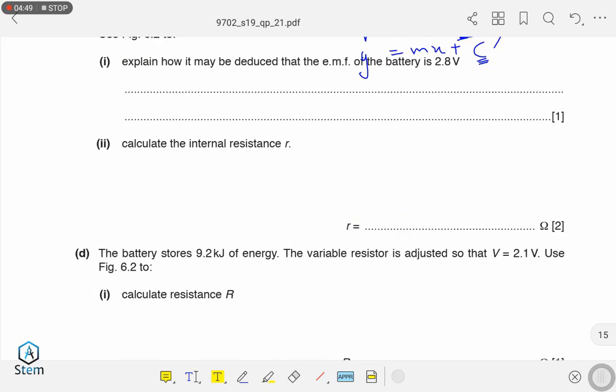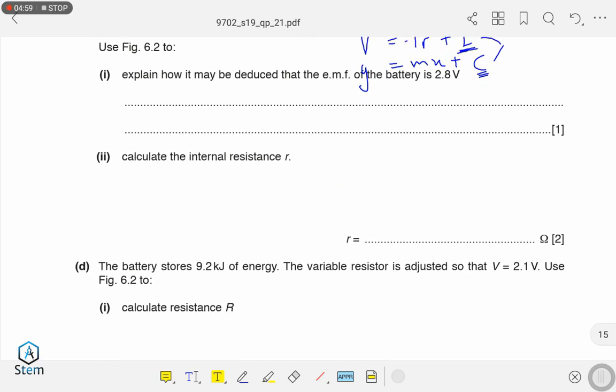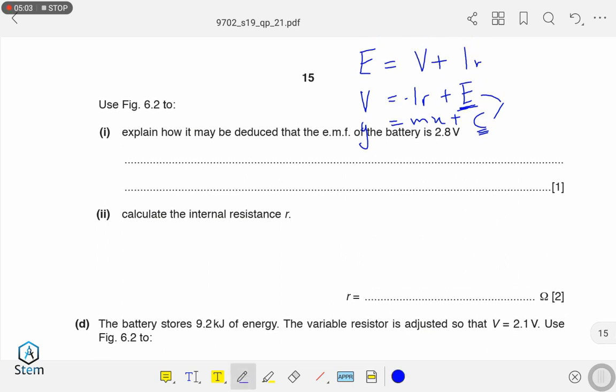Calculate the internal resistance r. Okay, the internal resistance r of the circuit, again, according to this equation, we can see that r is the gradient.